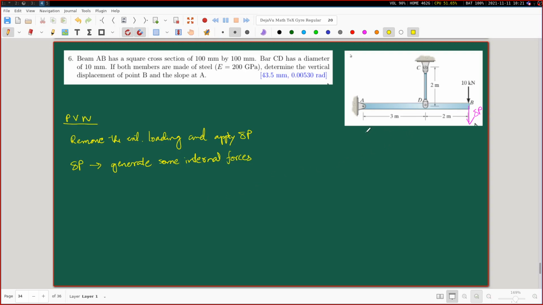Fine. So you have to actually do that problem. Okay, you have to consider this entire thing, there is no getting away from this. You have to do it. So you have to solve for the internal forces.